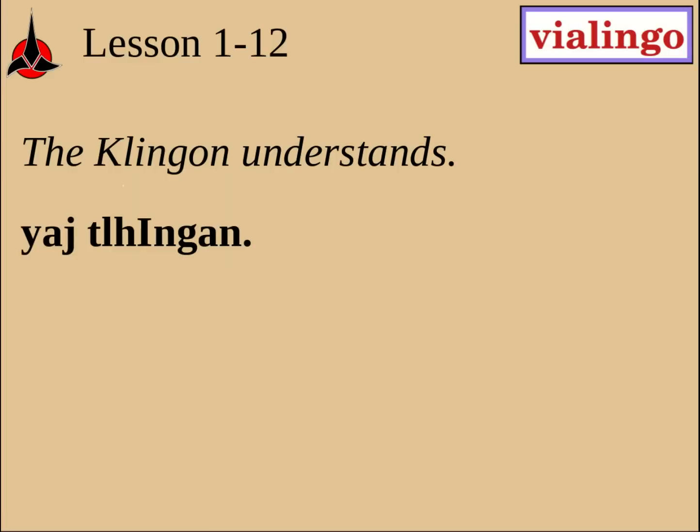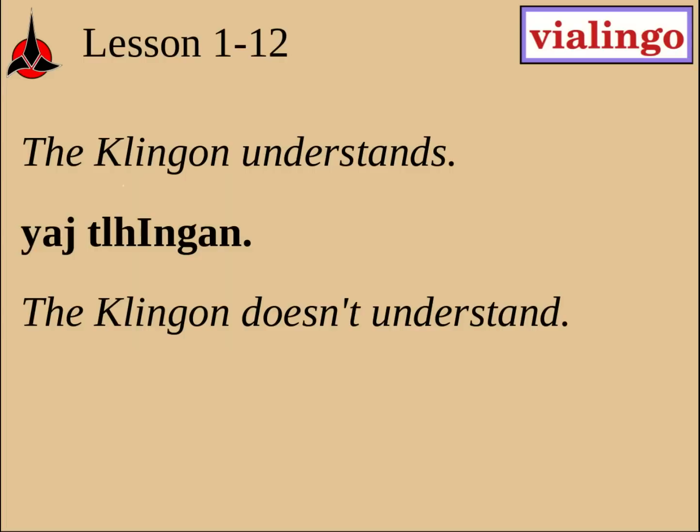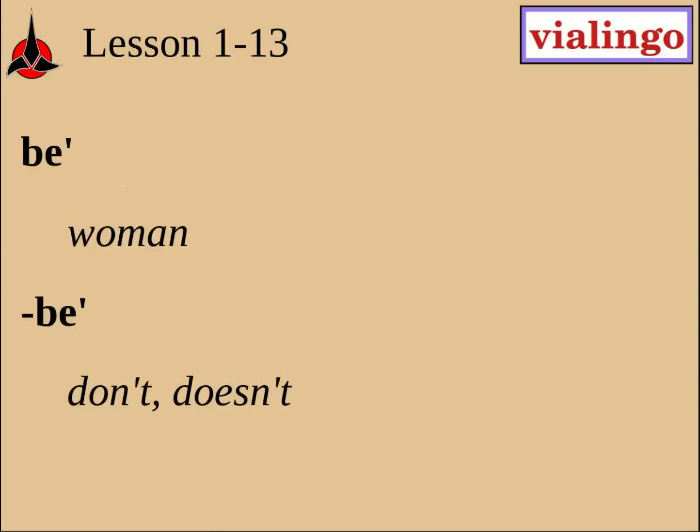The Klingon doesn't understand. You already know that be means woman when it is a separate word. When it means don't or doesn't, be is never a separate word. It is always added to the end of some other word.